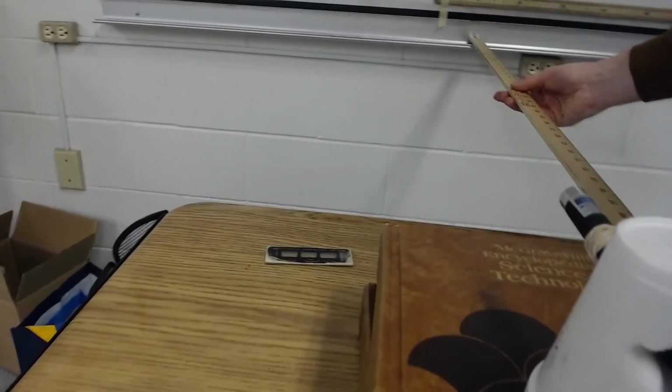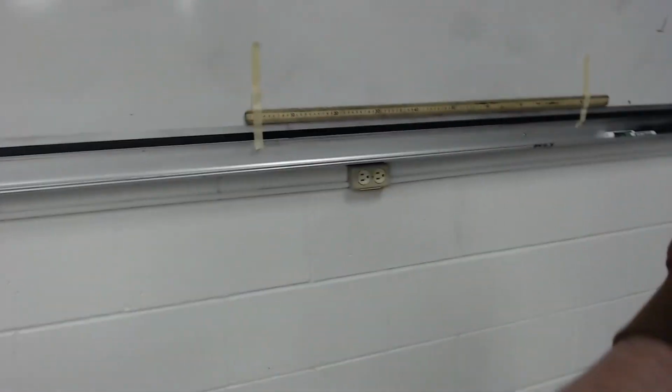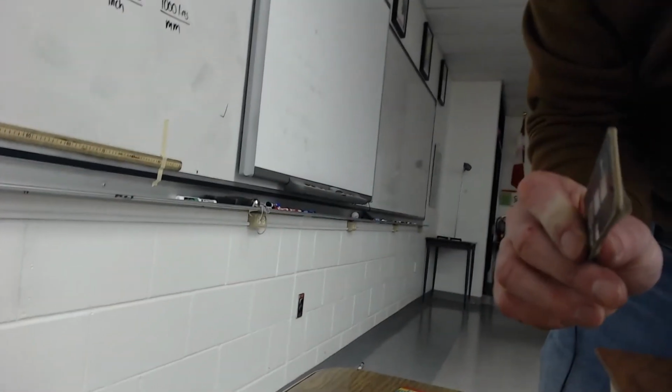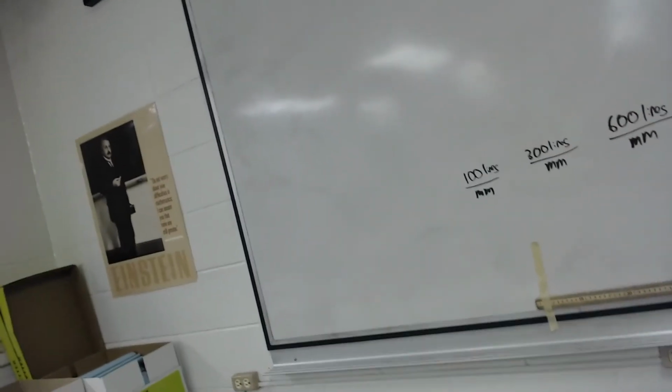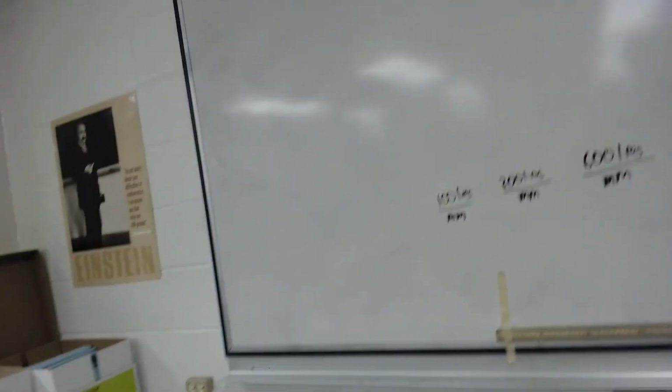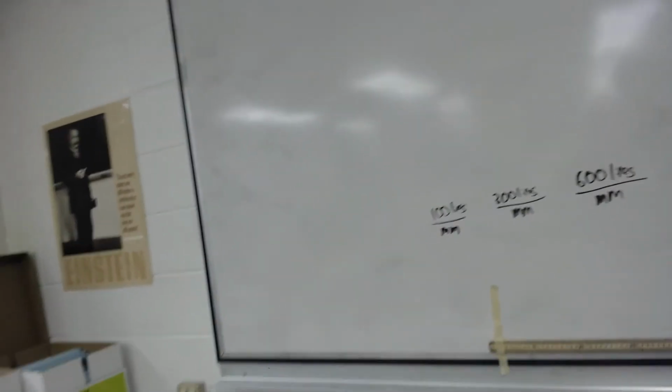I measured from my board to the end of my books here, and it is exactly 1 meter. And it's always measured from the diffraction grating. So when I hold it up, I'm going to make sure to always hold at the end of the books here, because that's exactly 1 meter. So my length is controlled, that's 1 meter, right?